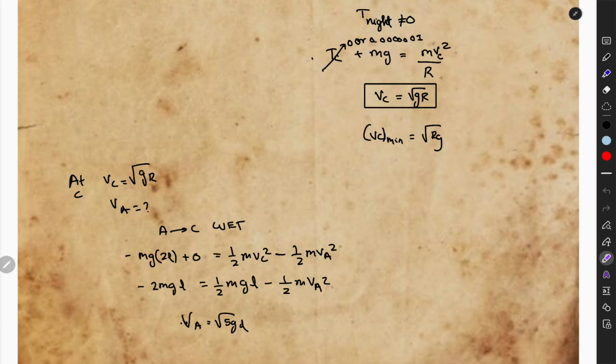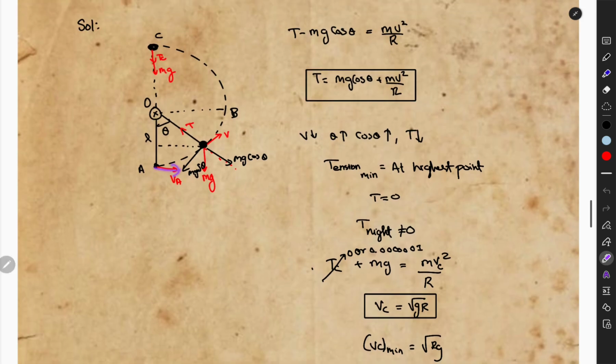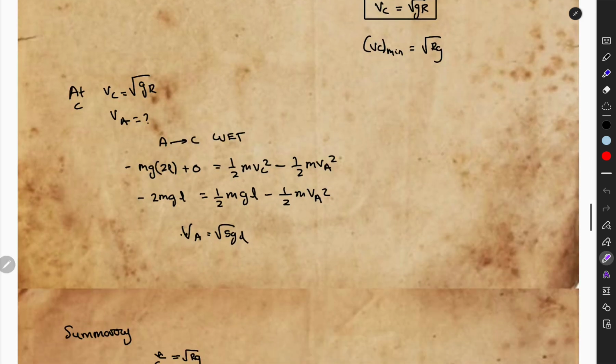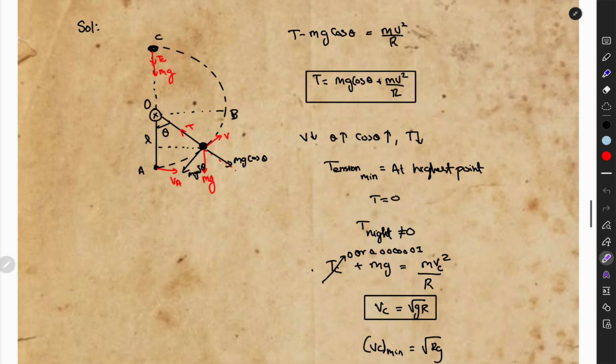Then what is the velocity at A? Again, apply work energy theorem. Simply, work done by gravity, the vertical displacement is 2L.